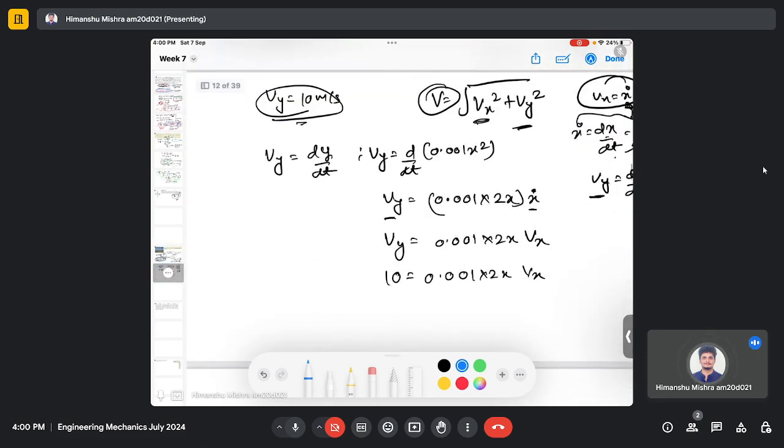So substitute that here. We don't need to worry about y here, but here we have x. So if I put x as 316.2 meter, then I can actually find Vx.